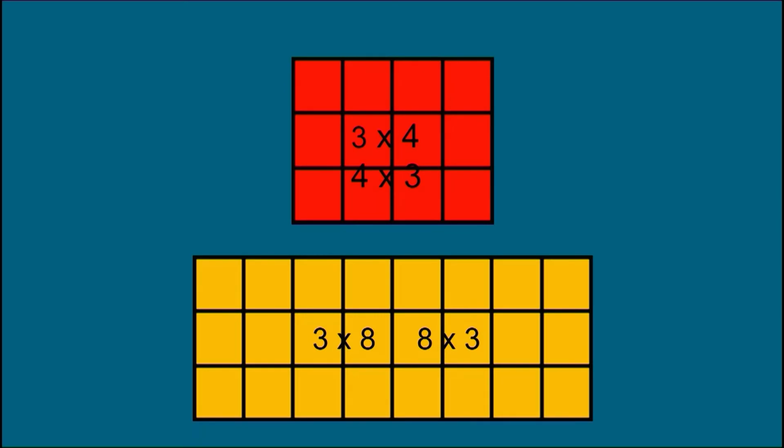How might we use the 3 by 4 array to figure out what 3 times 8 is? Take a moment and explain it to yourself or to someone in the room.